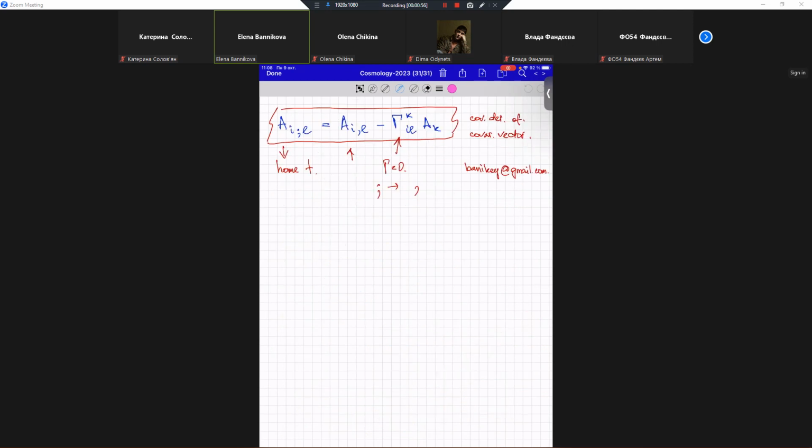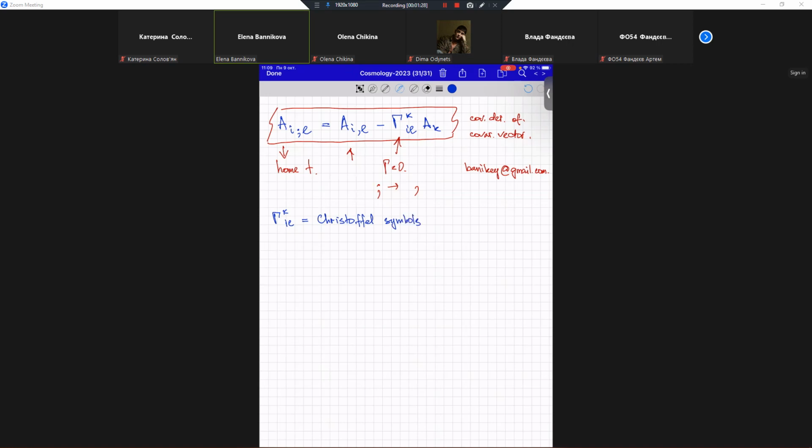And now we will consider how it works. We also obtain a so-called gamma KIL, which is called Christoffel symbols.